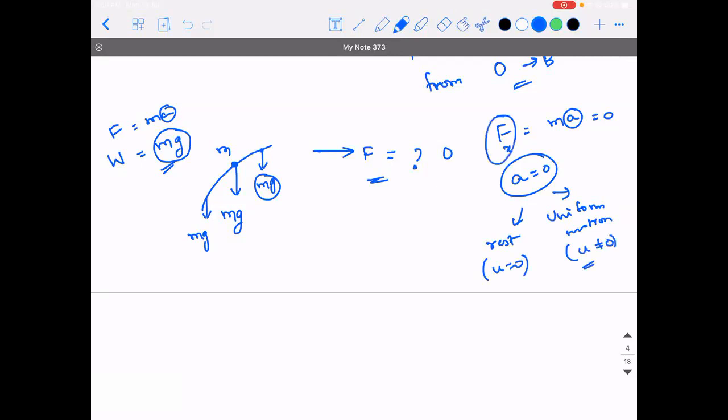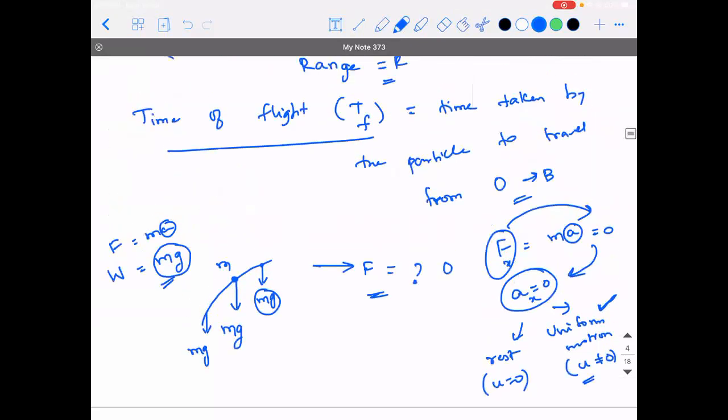Along the x direction, since the force is 0, its acceleration along the x direction is also 0, but it is choosing to have a uniform motion. So what I'm trying to say is the object is accelerating or decelerating only in the y direction because of the force mg, whereas along the horizontal, it has a constant velocity.